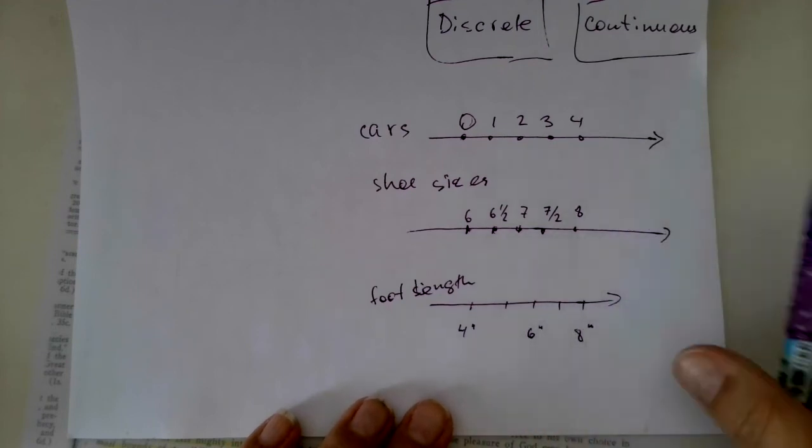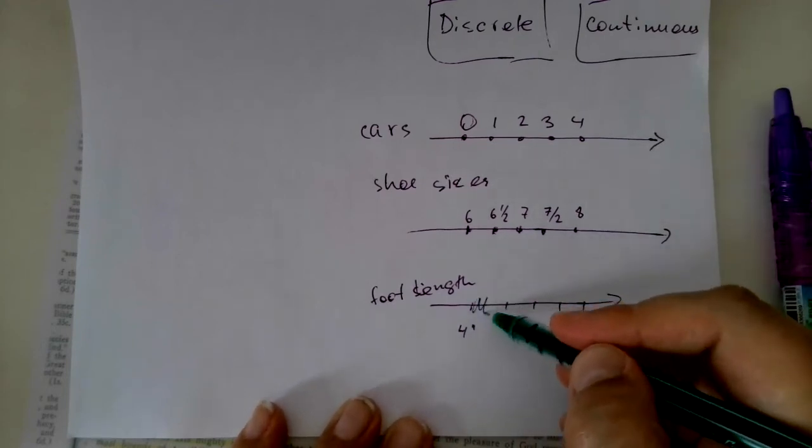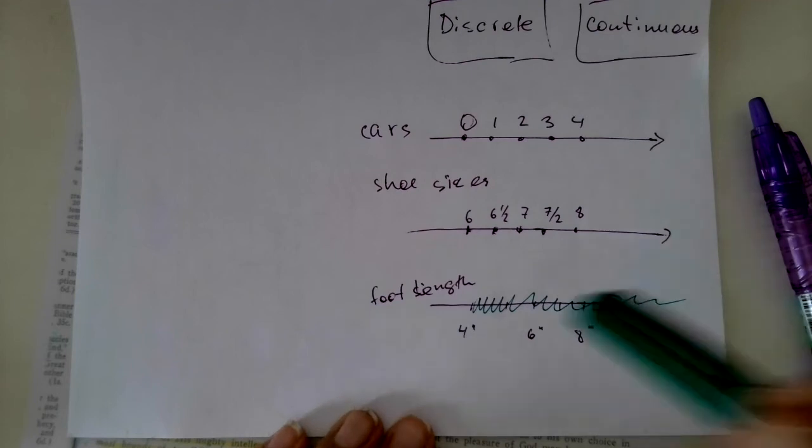So our measurement could land anywhere on this line, right? It doesn't have to be specific numbers like 6.5 or 4.5. It could be any number.